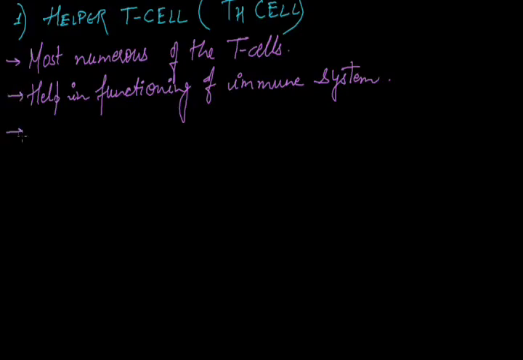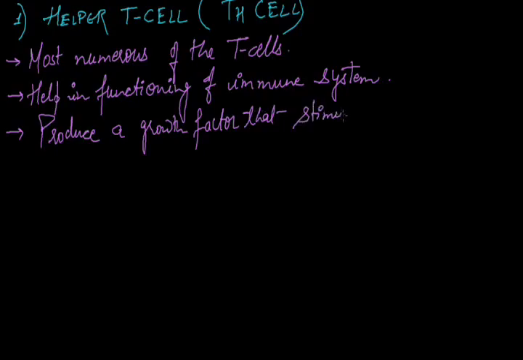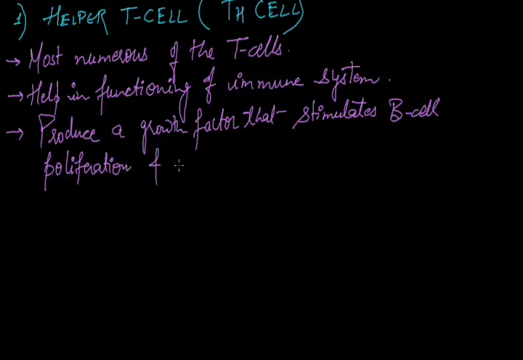They produce a growth factor that stimulates B cell proliferation, that is multiplication, and differentiation, that is division, whether they will form a plasma cell or the memory cell, as we have discussed in the previous class.